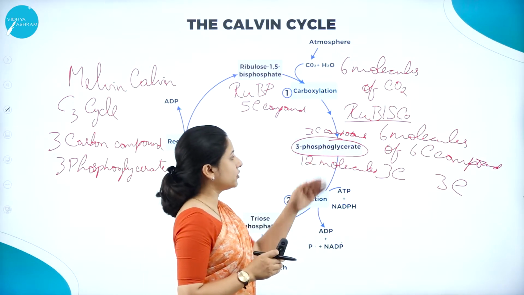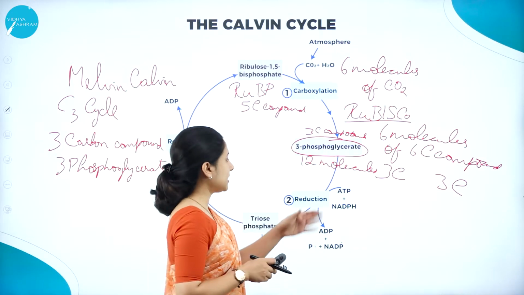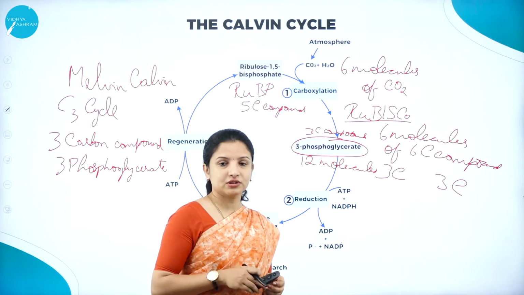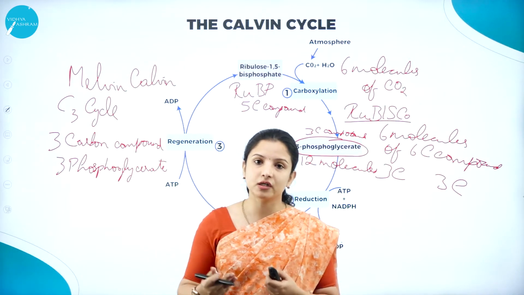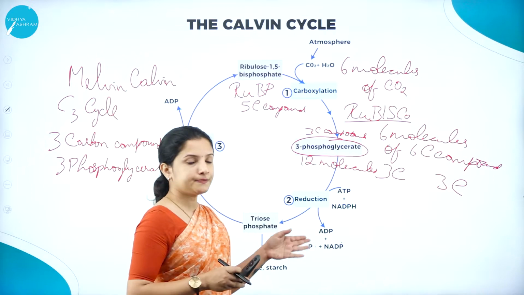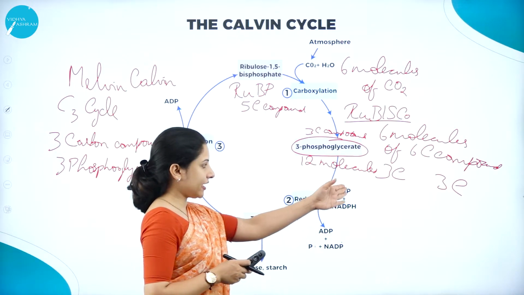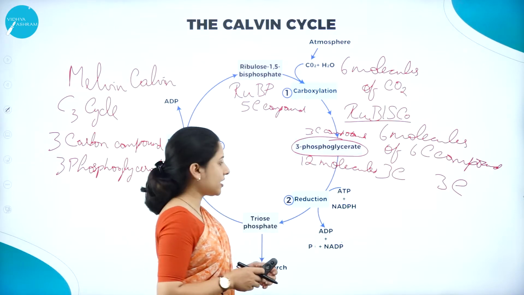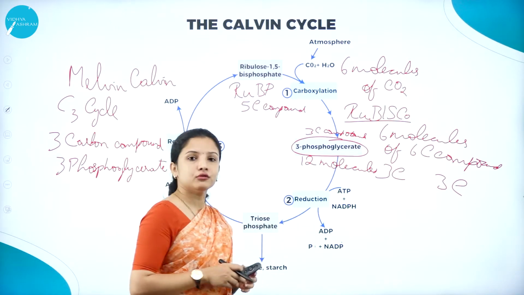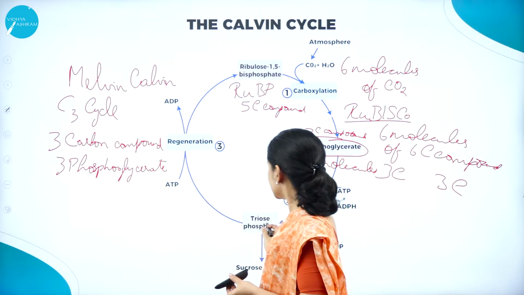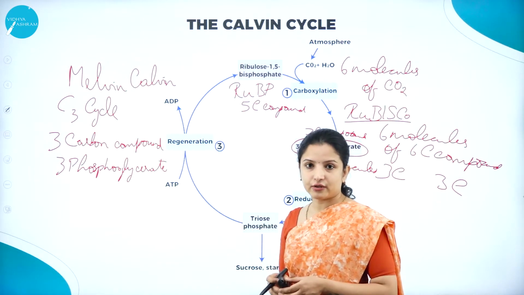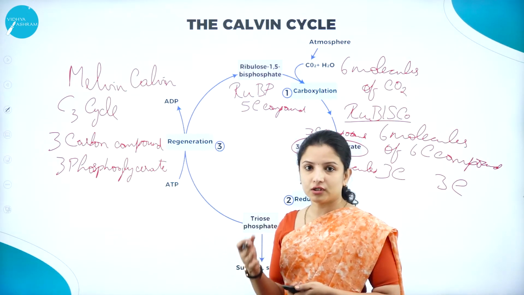These 12 molecules of 3-phosphoglycerate undergo a reduction process wherein they get converted into glucose. The addition of a phosphate group takes place with the help of ATP and NADPH, and it gets reduced to a triose phosphate, and therefore glucose is formed.